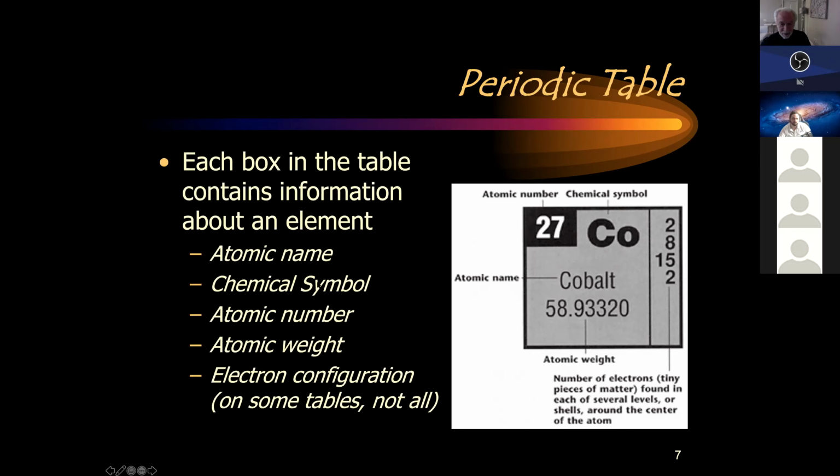The chemical symbol is Co. Atomic number is 27. Atomic weight is essentially 59. And on the far right is the electron configuration. We'll talk about each of these in turn, but in each little box, you'll see all of this information.